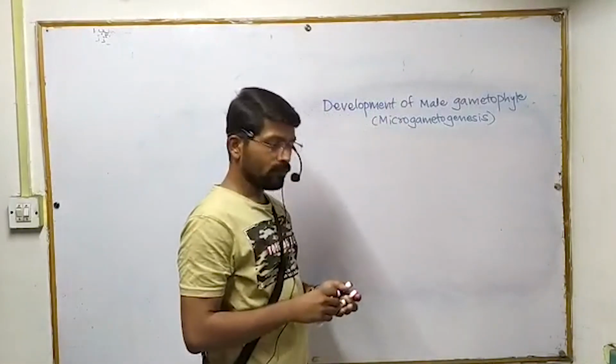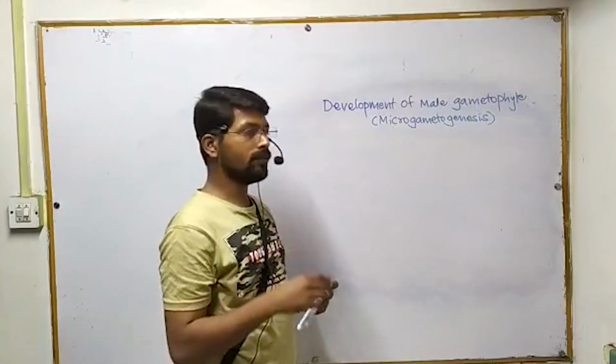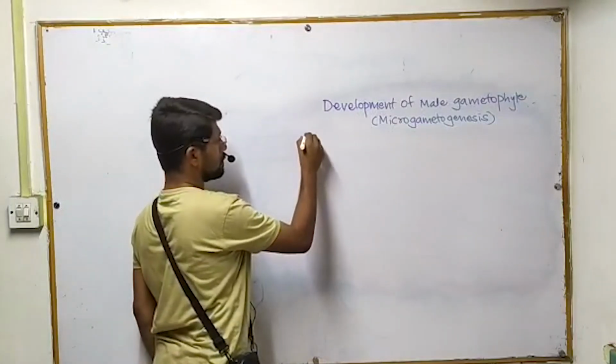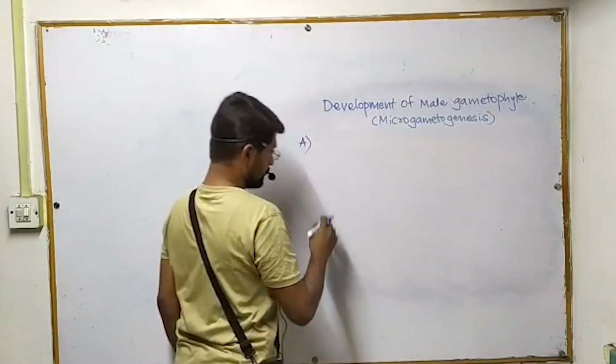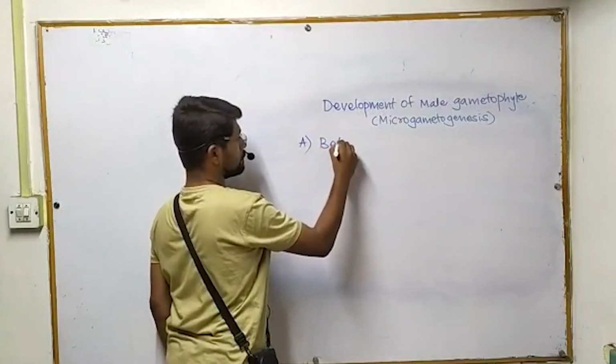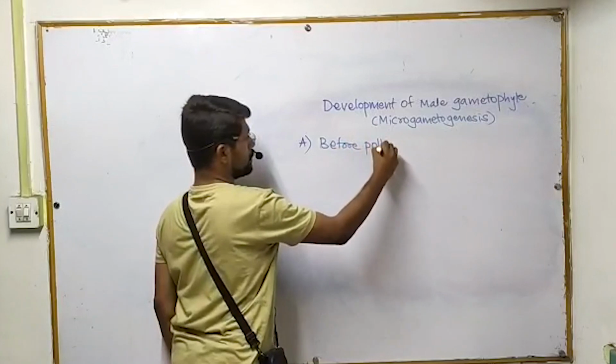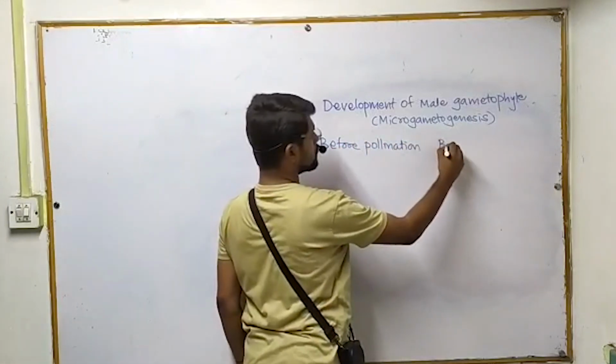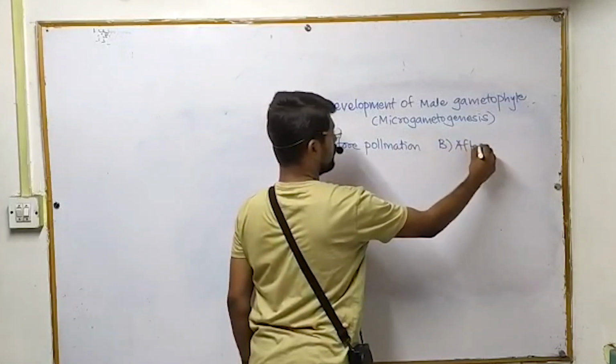Development of male gametophyte is achieved in two different steps. The first is called before pollination, and the second one is called after pollination.